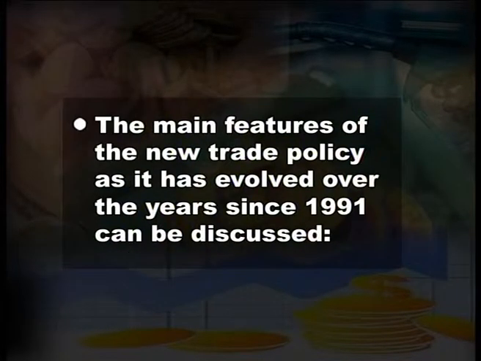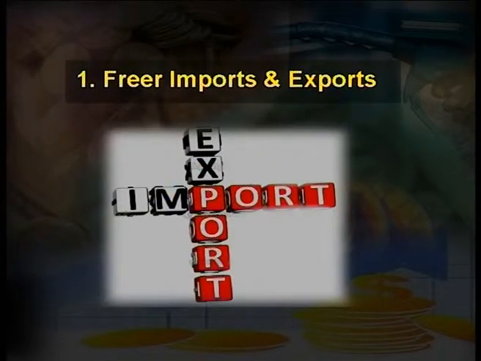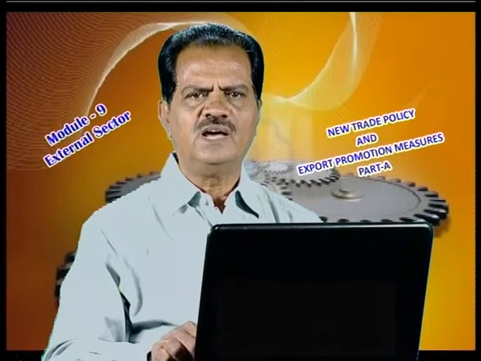The main features of the new trade policy, as it has evolved over the years since 1991, can be discussed. The first feature was freer imports and exports. There were more free imports and more free exports.